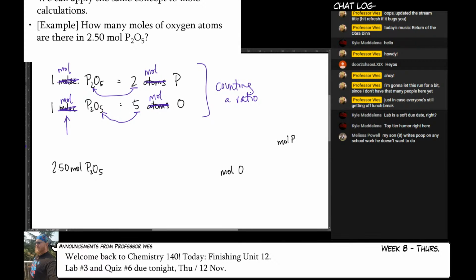So that means that if I'm writing out my little blueprint here, this thing that we've been doing all quarter with these types of problems, I know that the ratio of O to P2O5 is right here. In 1 mole of P2O5, there are 5 moles of oxygen.